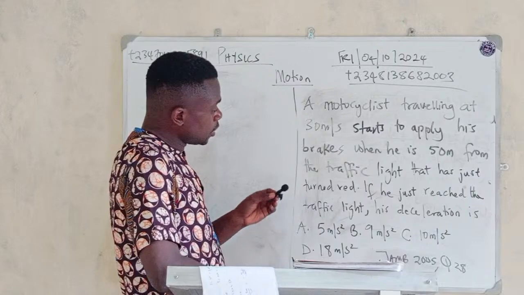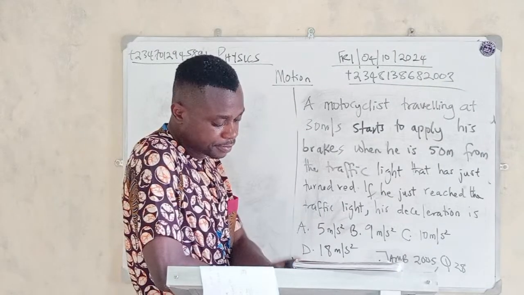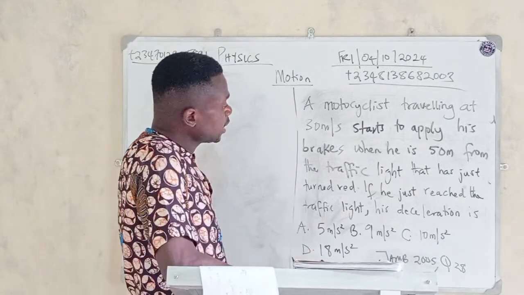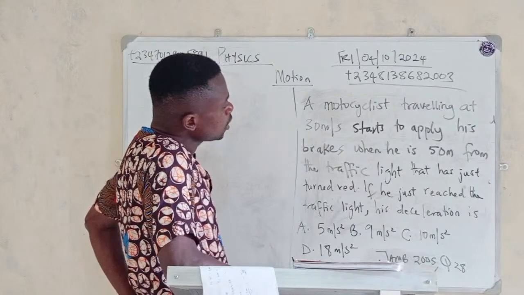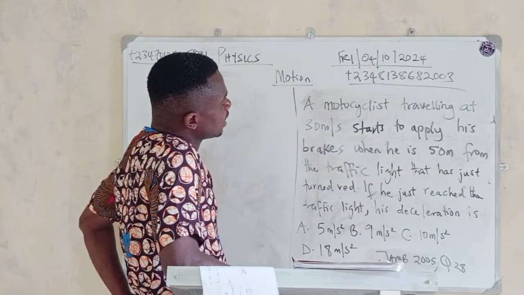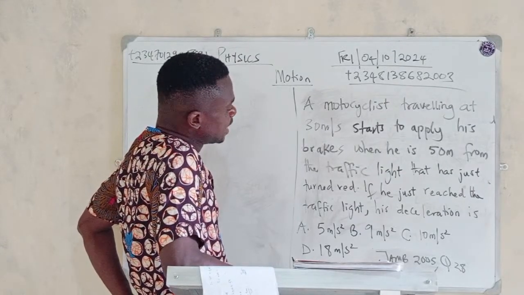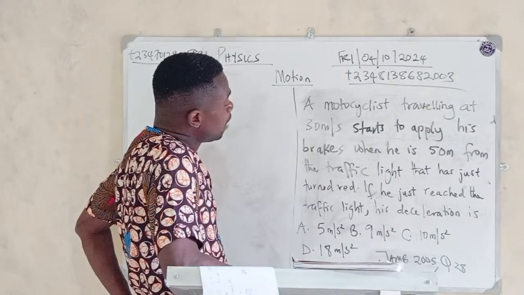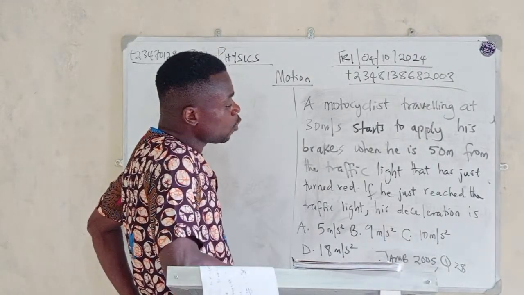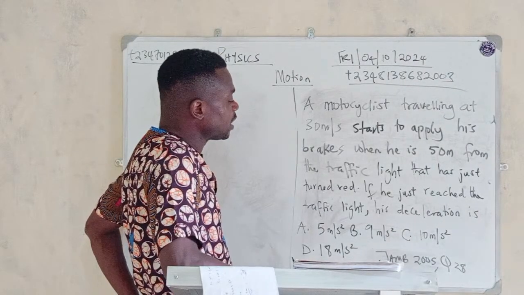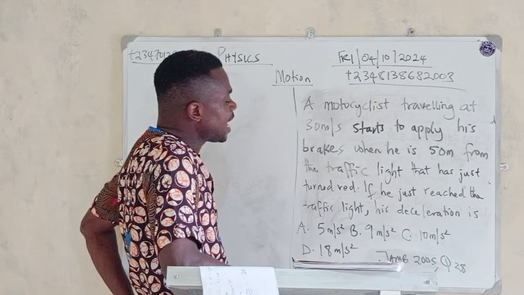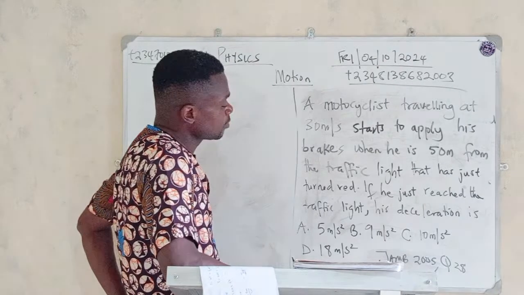Okay. The question says, a motorcyclist traveling at 30 meters per second starts to apply his brakes when he is 50 meters from the traffic light that has just turned red.